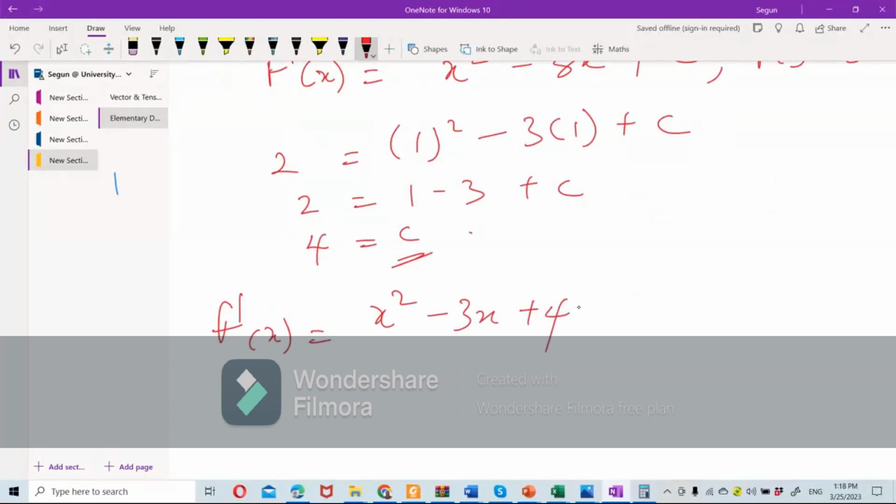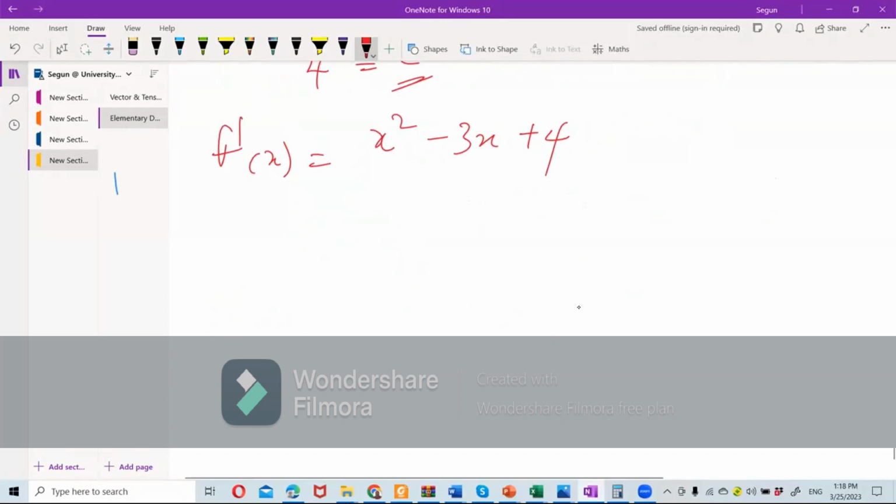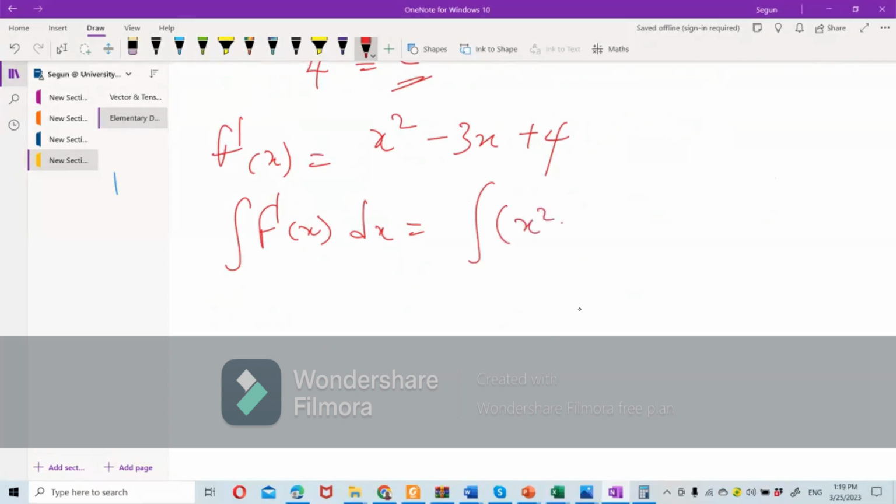No. So you still need to integrate again. The integral of f prime of x dx equals the integral of x squared minus 3x plus 4 dx. So what will happen here? This will be f.